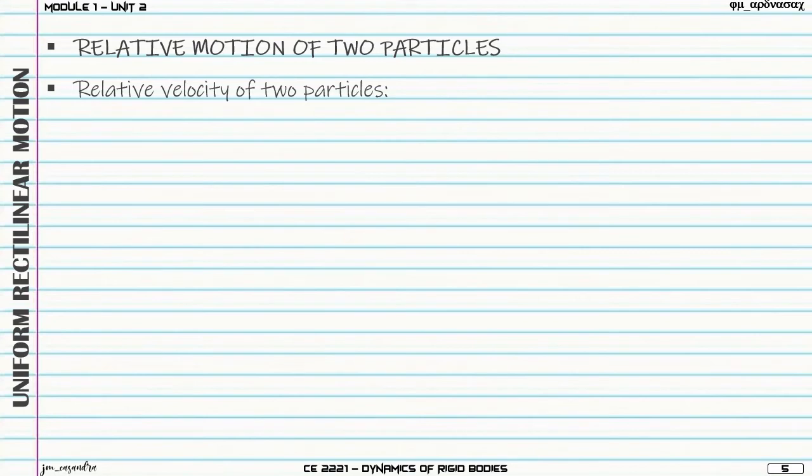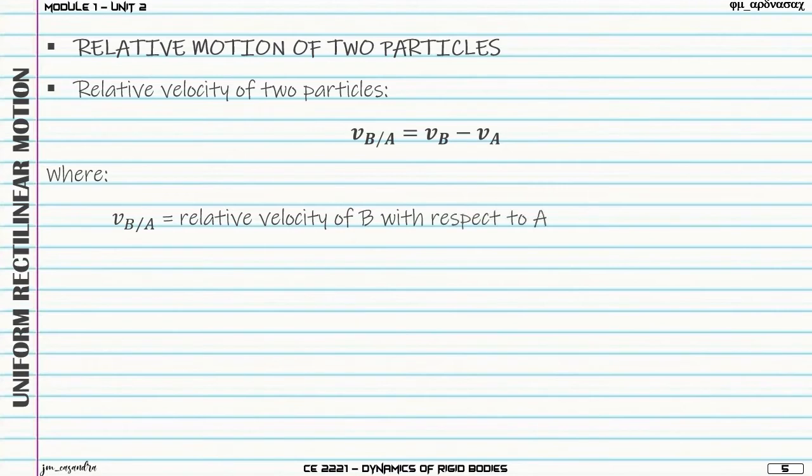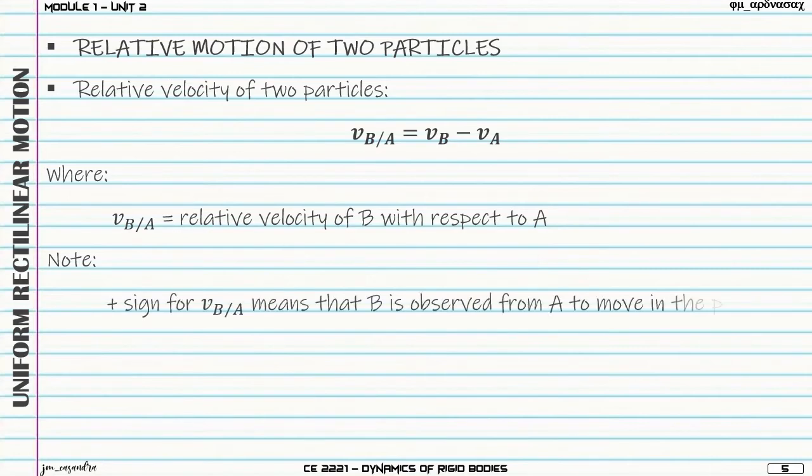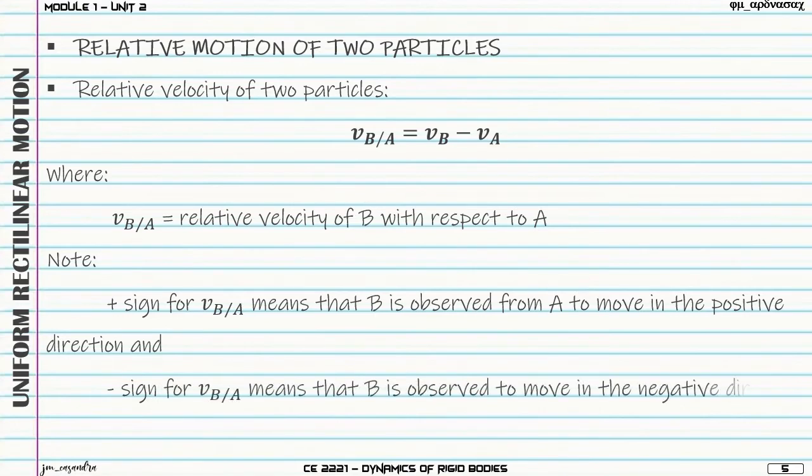Same as for the relative position, the relative velocity of B with respect to A will be taken as VB minus VA, wherein VBA is the relative velocity of particle B with respect to A. So note for our sign conventions that we'll have a positive sign for VBA if B, observed from point A or from particle A, is moving in the positive direction, and a negative sign for the relative velocity of B when B is observed as moving in the negative direction.